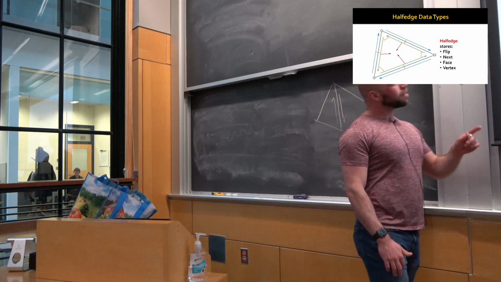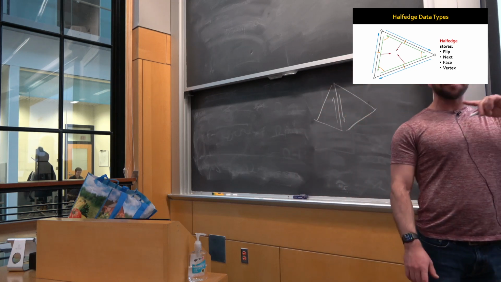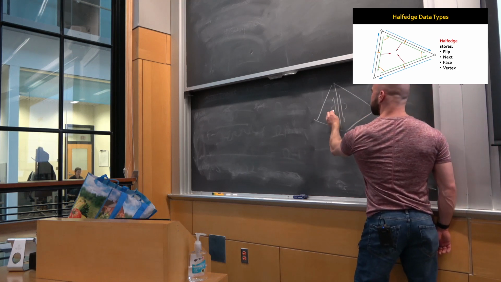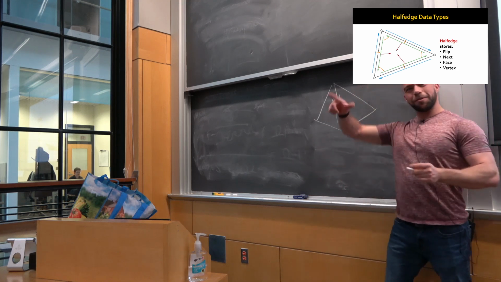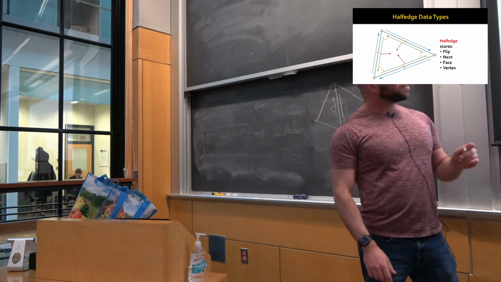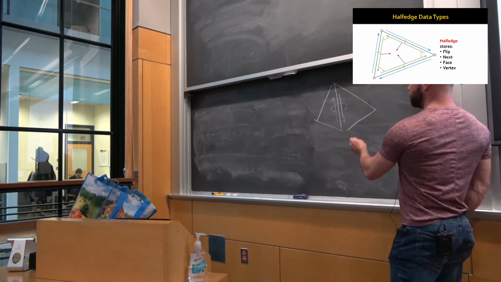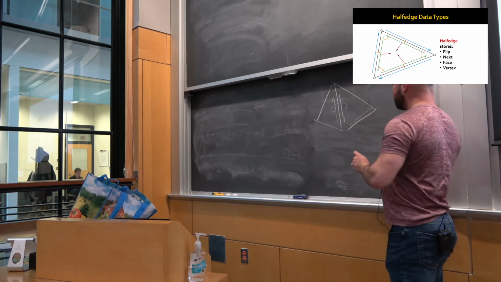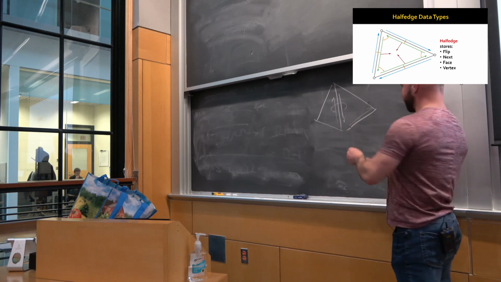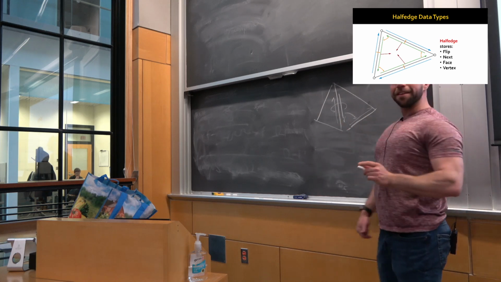So for instance, we're going to have four different pointers inside of a half edge. A half edge will have a flip pointer, which is going to flip to the half edge that points in the other direction. It's going to have a next pointer, which will give you the half edge whose tail is sitting at the head of the previous half edge. So that would be the next pointer.